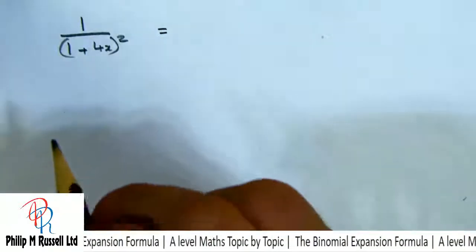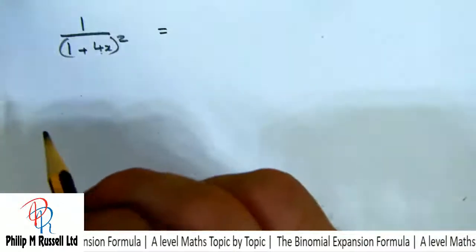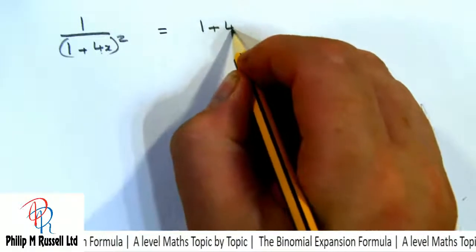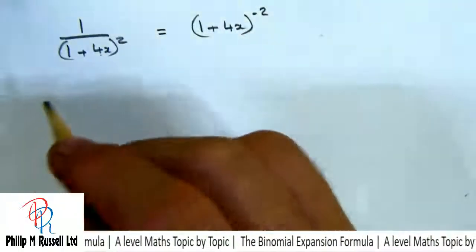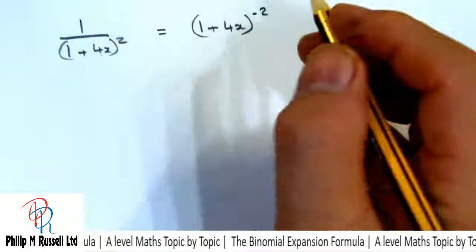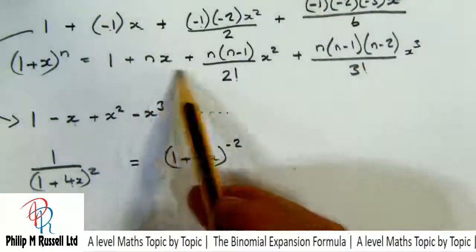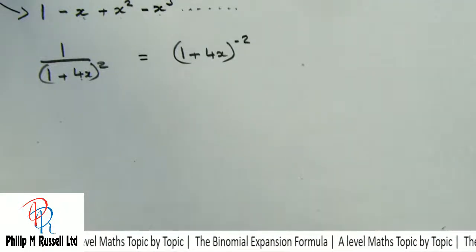First thing we need to do is write this in index form. So that's going to be 1 plus 4x to the minus 2. Now as soon as I know that, I know I'm going to have to write that in this type of form. So let's work this one out.